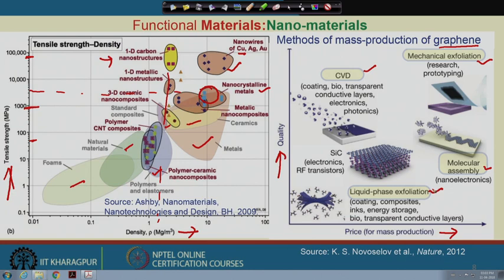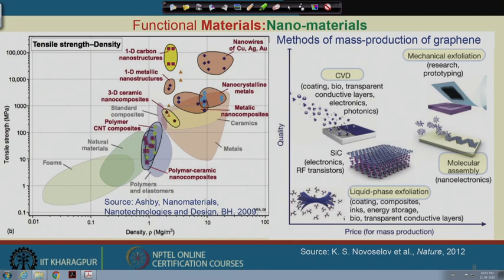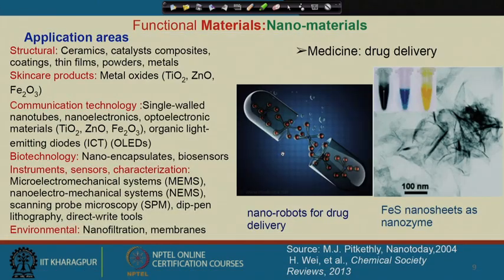In all these processes the price may vary, and at the same time the quantity of material that we can produce also varies. So, here we see a little engineering aspect, that from an atom by atom layer, we can make those kinds of graphene structures, and we can achieve a very high strength level and low density level. This is the importance of nanoscale structures and engineering with nanoscale structures.